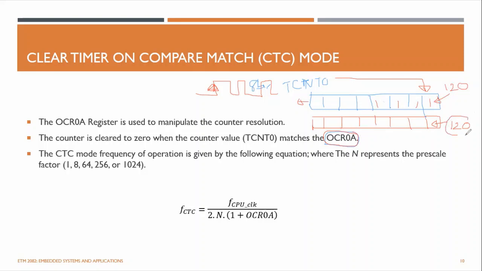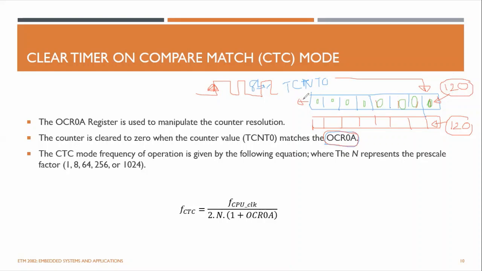It has a value of 120, and now your TCNT0 has also gone to 120. When these values match, the timer will be reset to 0, and it will also generate an interrupt. So it is used to compare a specific time, like 120 pulses elapsed, and then it is the right time.